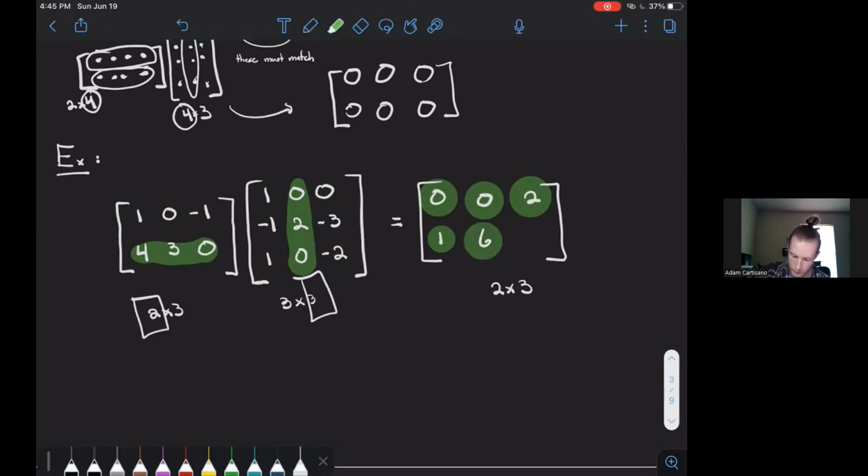And then the last one, of course, is going to go right there. It looks like 0 minus 9 plus 0. Final answer, and I guess you can get rid of the highlighter marks so that it's clear what the final answer is: 0, 0, 2, 1, 6, minus 9. Great. Okay.